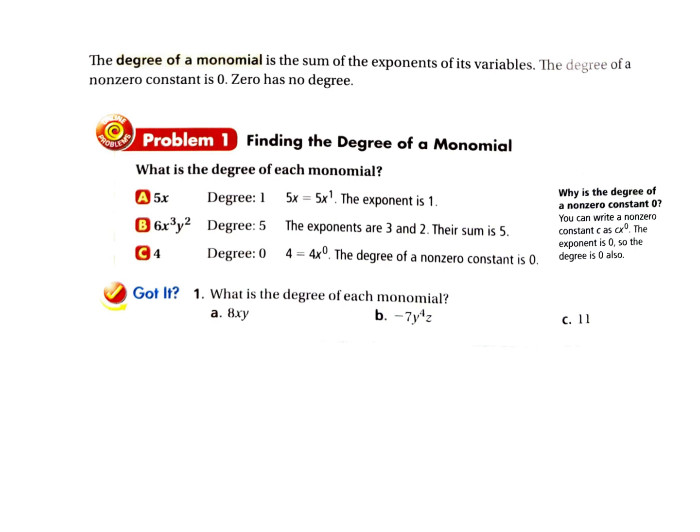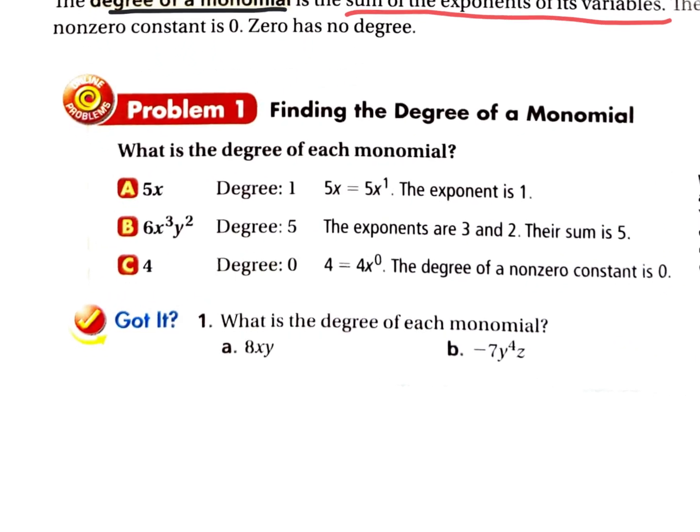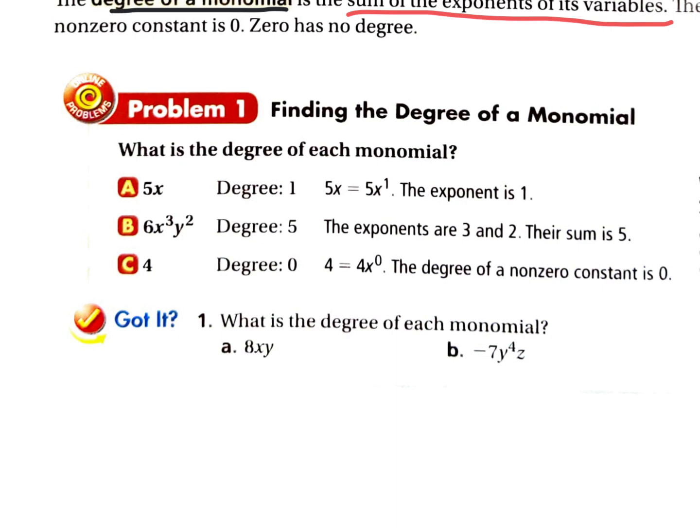So we can talk about the degree of a monomial, and we find the degree of a monomial by finding the sum of the exponents of the variables. For example, if we have 5x, we know that we could write that to the first power, so that's degree 1. 6x cubed y squared, if you add the exponents there, 3 plus 2 is 5, so degree 5.